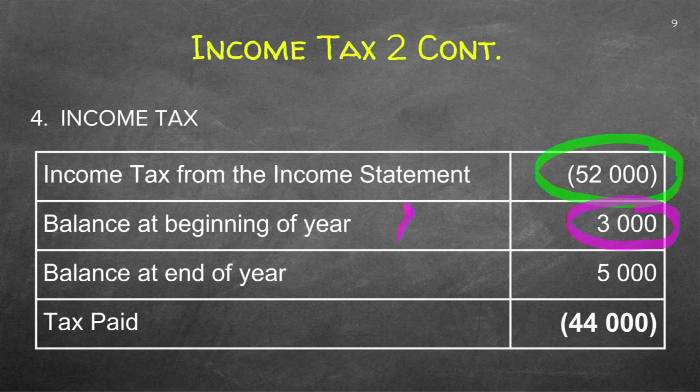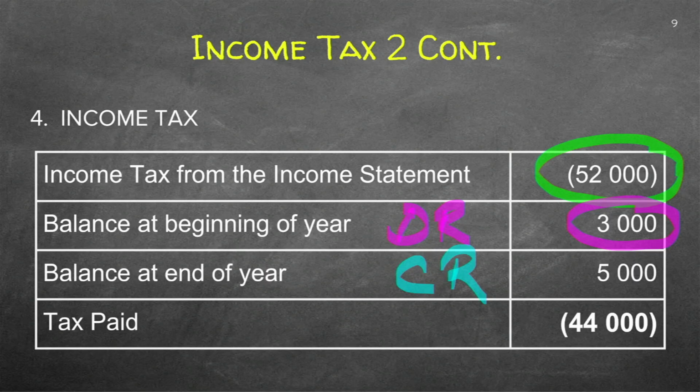Because it was a debit. In other words, we overpaid tax in the previous year, so no money's flowed out this year. And then if we have a look at the balance at the end of the year, it's 5,000 Rand, but it's not in brackets. Reason, it has a credit balance, and we owe SARS that money.